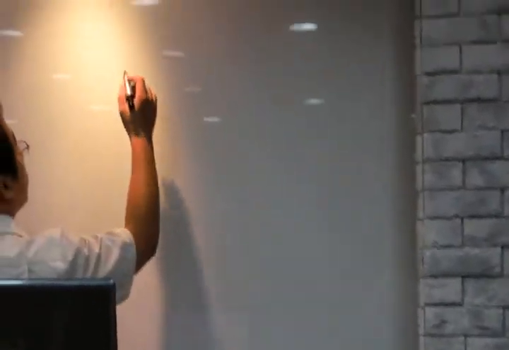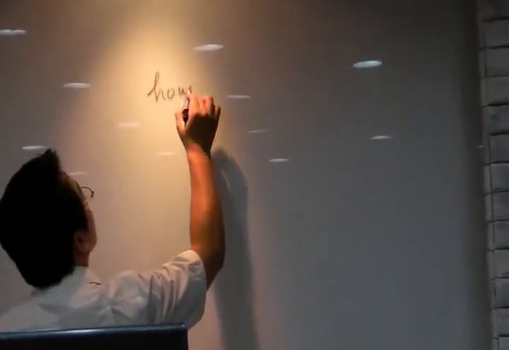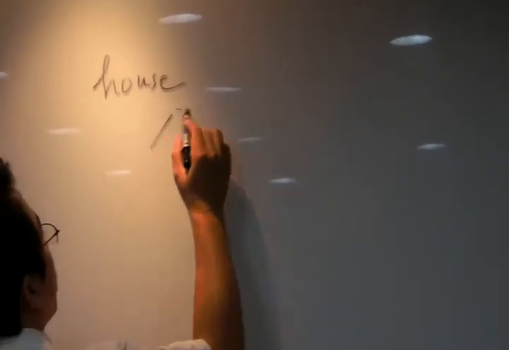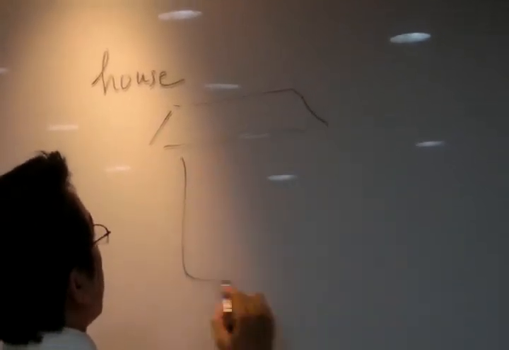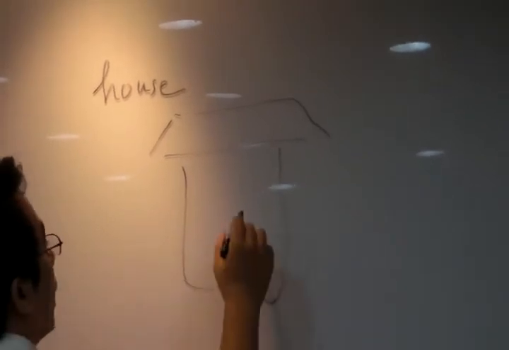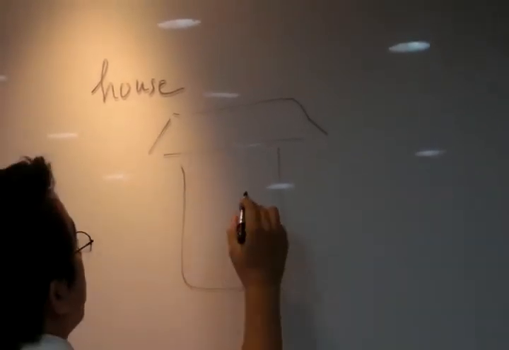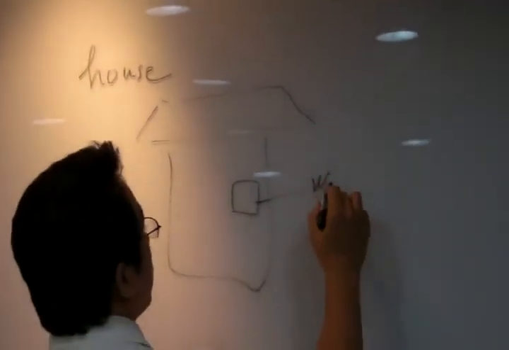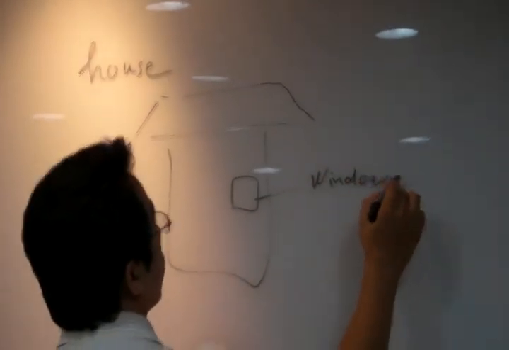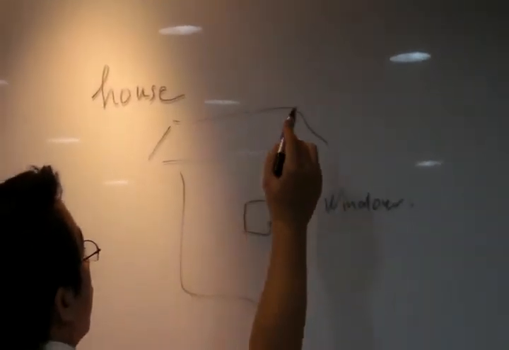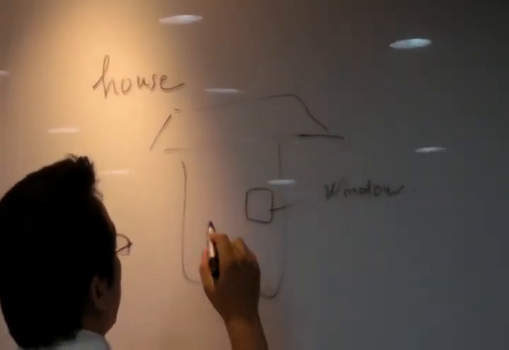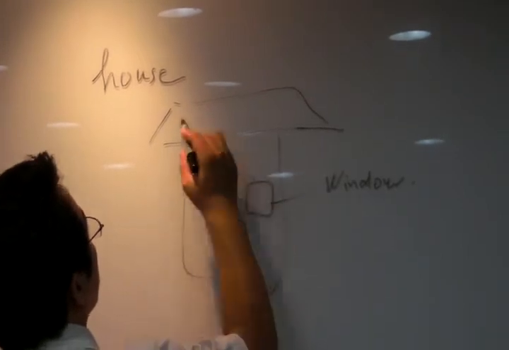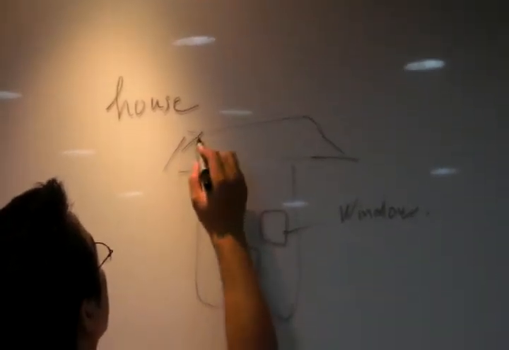For example, I want to build a house. Right? So this house includes some kinds of objects. The first is the window, right? The second is the door, the ceiling.